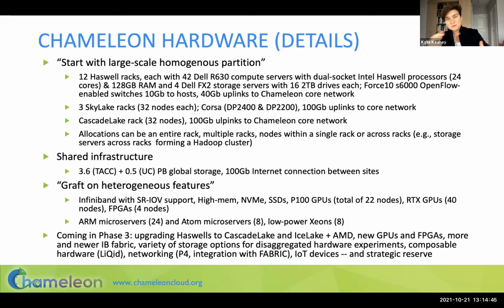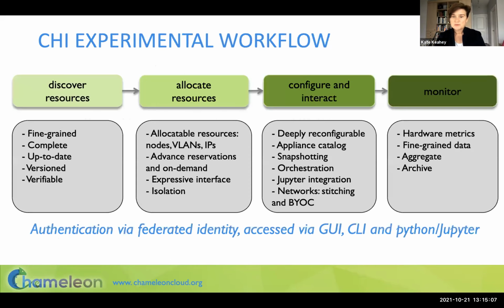So those GPUs will be connected to the InfiniBand, and we will have nodes with Optane and those SSDs. So you will be able to experiment with disaggregated hardware using this InfiniBand fabric as RDMA between nodes with very rich storage and GPUs and other interesting devices. And then, of course, we also added IoT devices, and more about that later.